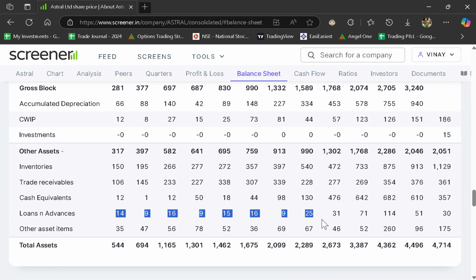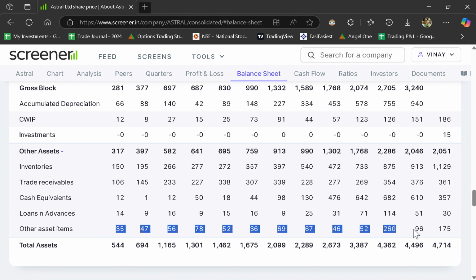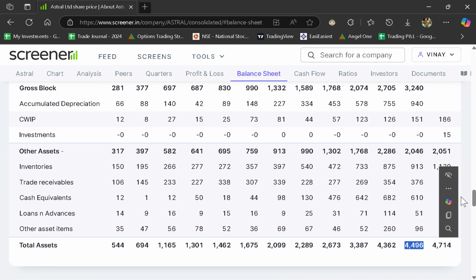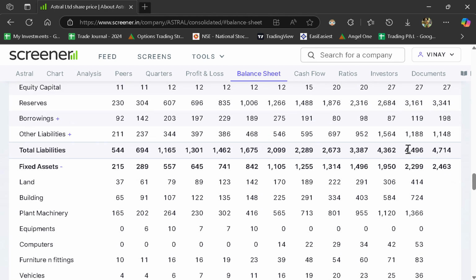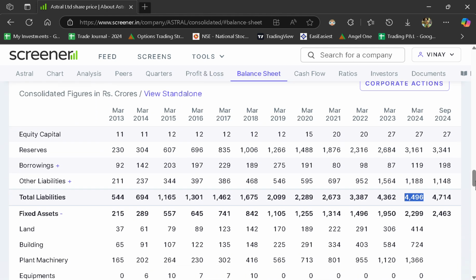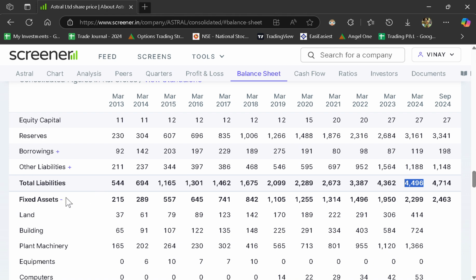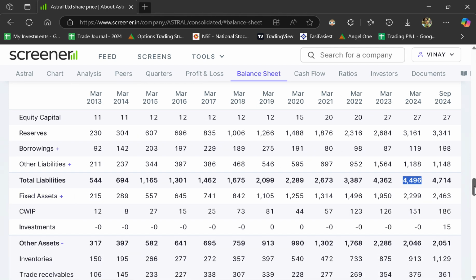Then loans and advances and other asset items. This total sums up to 4496, and the same was the figure of liability. So this is how the balance sheet is, both sides balance itself.